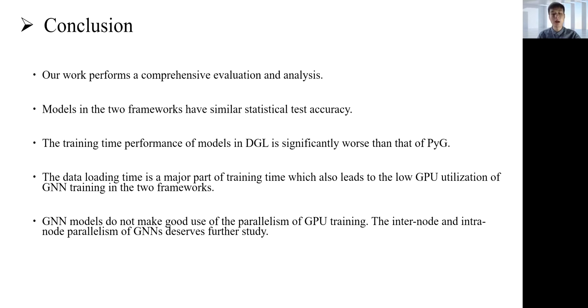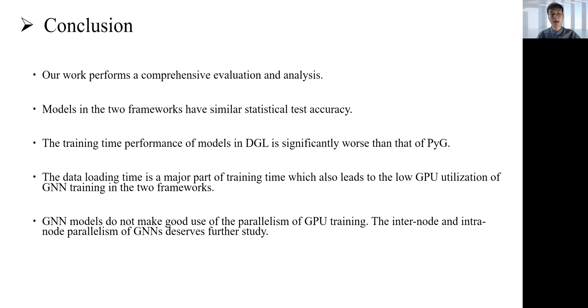In conclusion, our work performs a comprehensive evaluation and analysis to understand the test accuracy, training time performance, GPU utilization, and memory usage of models in the frameworks. From our experiments, models in the two frameworks have similar test accuracy, but the training time performance of models in DGL is significantly worse than that of PyG.